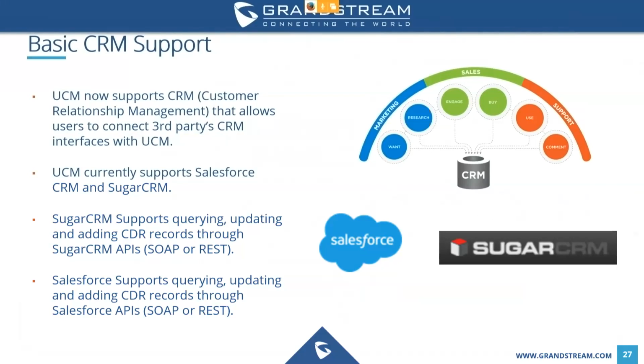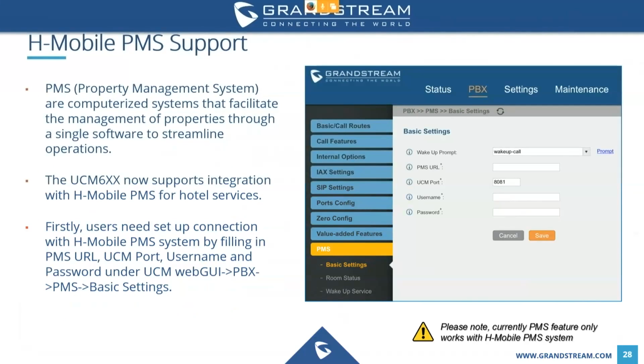For the PMS, same thing. You install whichever you want to use, HMobile or what's the other one, Mitel. Mitel, yeah. And as you can see on the UCM status, under room status, first of all, you have to link every single extension to a room number, so it represents a room number.